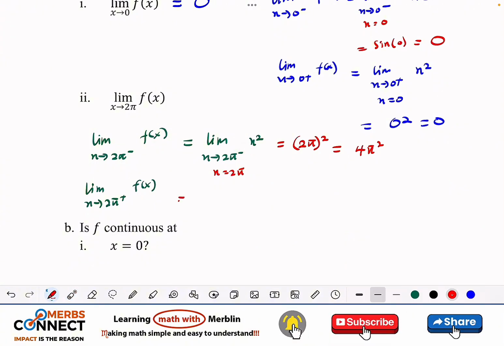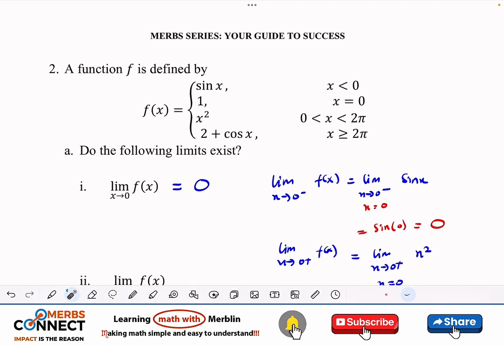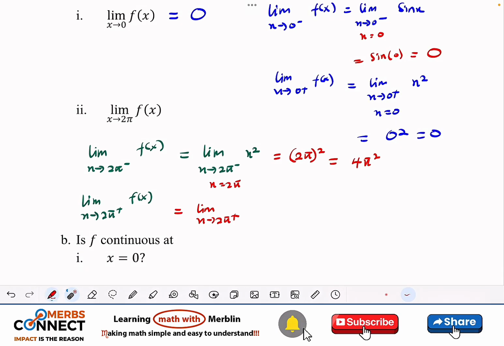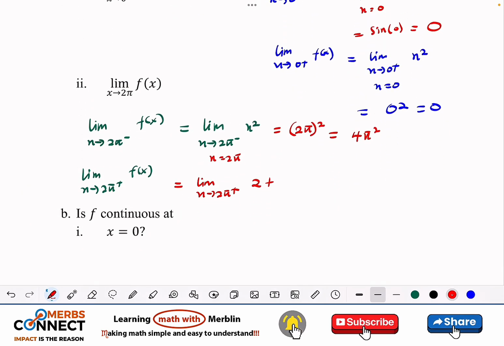And then limit as x is approaching 2 pi from the positive. What's the function? It means x should be greater than 2 pi, and we are going to have 2 plus cos x. Set x equal to 2 pi. We have 2 plus cos 2 pi.